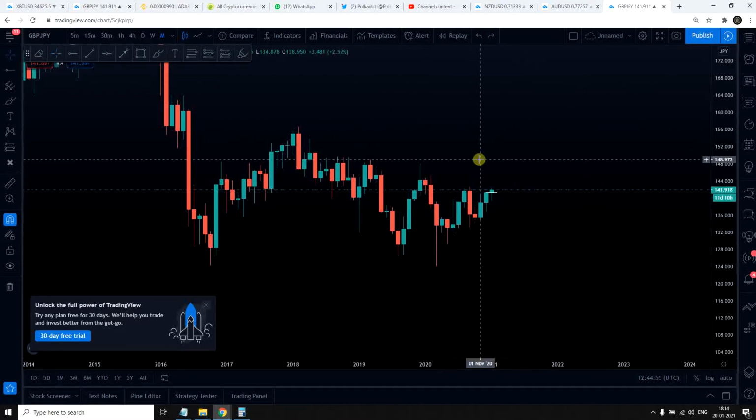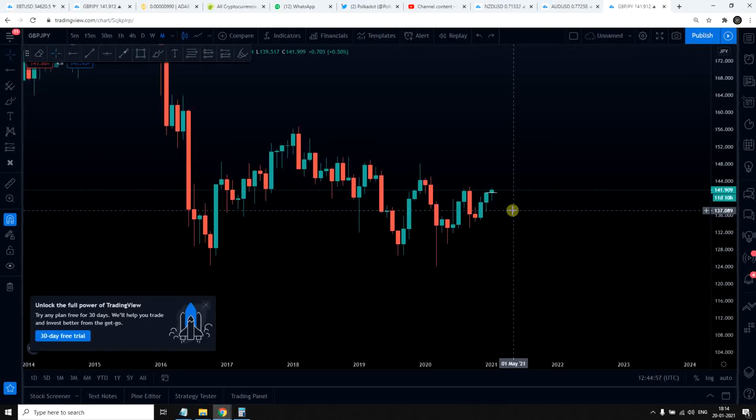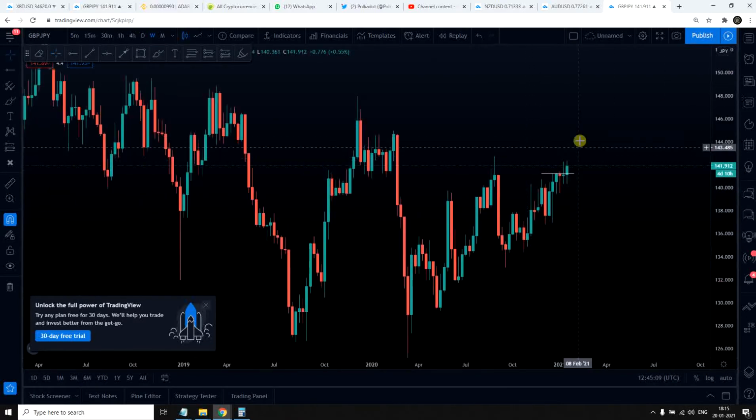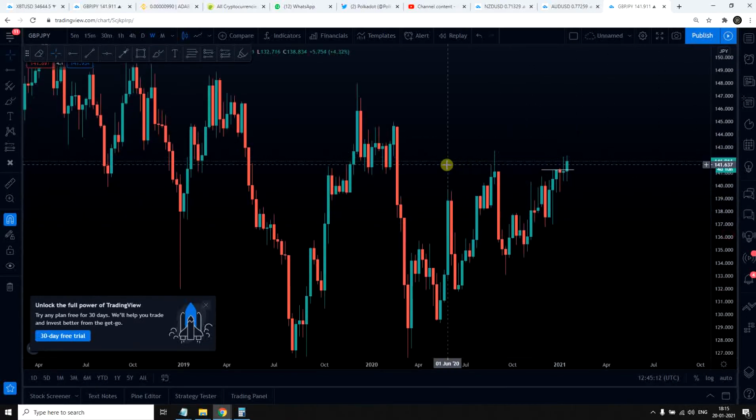But whatever I have done till now is in the monthly time frame. So the first task was to draw the monthly key level in the monthly time frame. Now moving to the weekly time frame, what can we see?